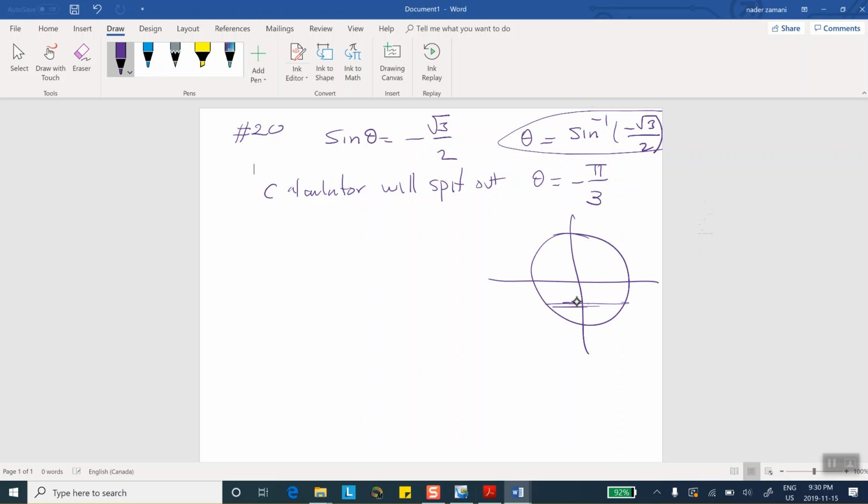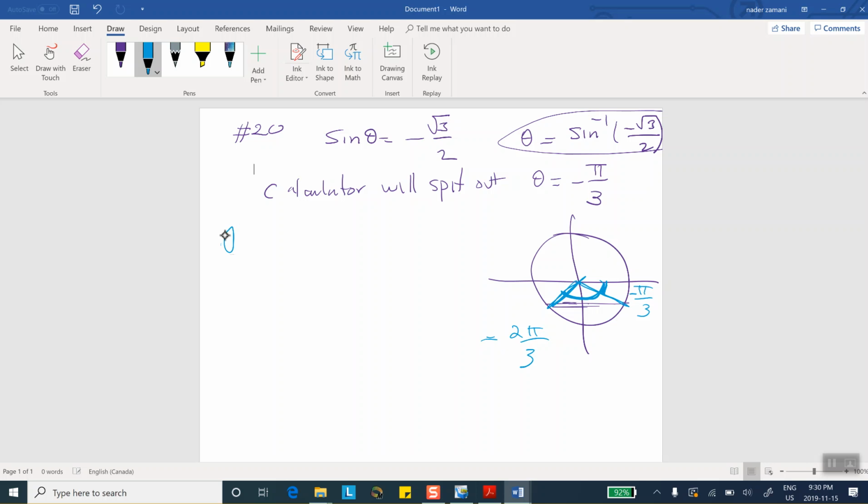And the angle that we got was this one, minus pi over 3. But then there's another one on that side within one period, up to this location, this one, which is minus 2 pi over 3.